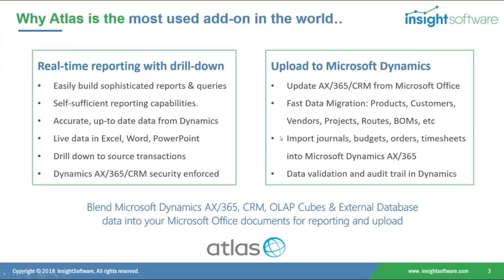So the specific things that Atlas brings is a real-time connection from multiple Office applications, from Excel, Word, PowerPoint, and even Outlook across your entire system. So not just financial reporting, but any other type of operational reporting, projects, quantity shortages for production orders, asset reports, human resources and payroll reports, all the time though adhering to the security model of Dynamics.